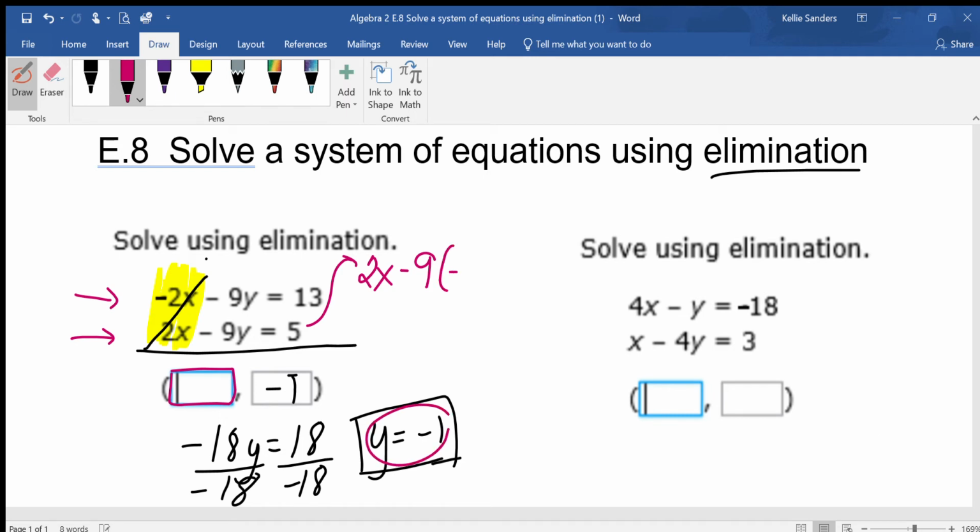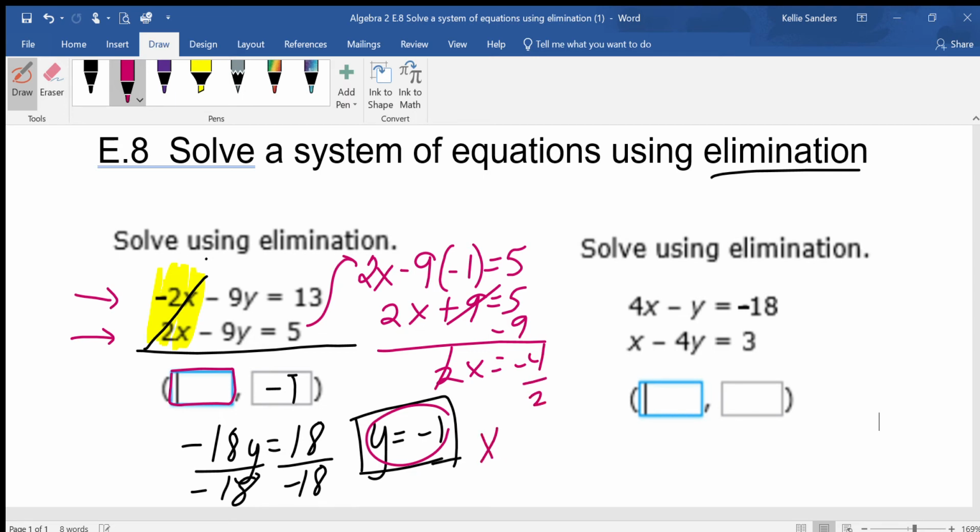Y is negative 1. So we're going to put negative 1 in there. Negative 9 times negative 1 is 9. Subtract 9. Divide by 2. X equals negative 2. Then you got your answer. You have negative 2, negative 1.